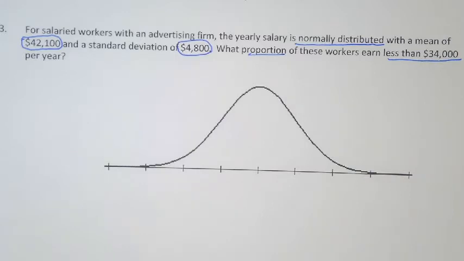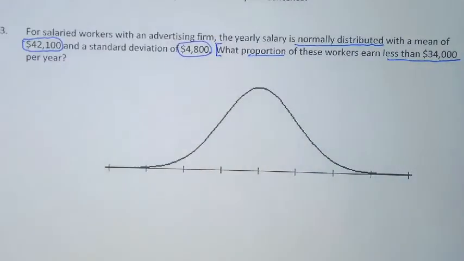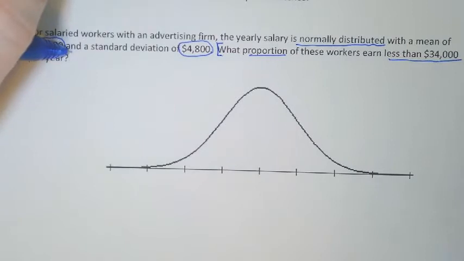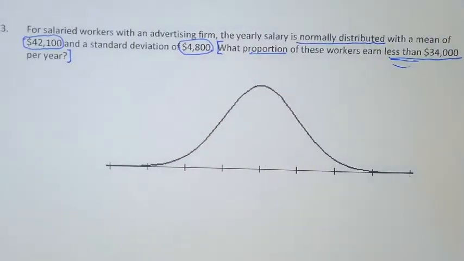So the first thing it asks us to do, part A, said write what you are finding in probability notation. So you want to look at what specific question is being asked after they've given you the information about the problem. Here they're asking what proportion of these workers earn less than $34,000 per year.